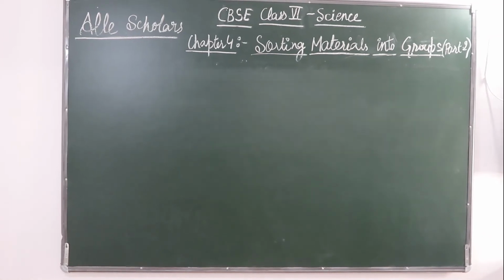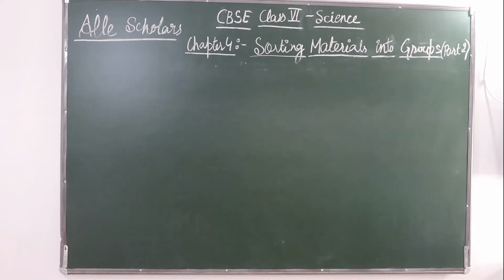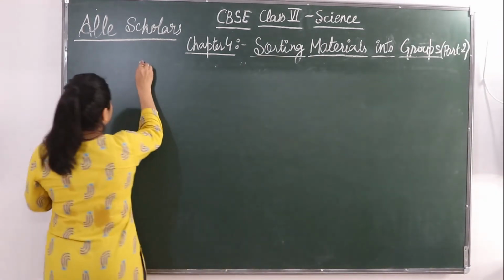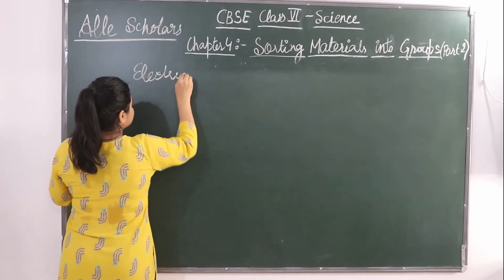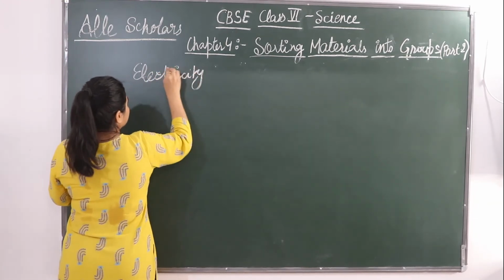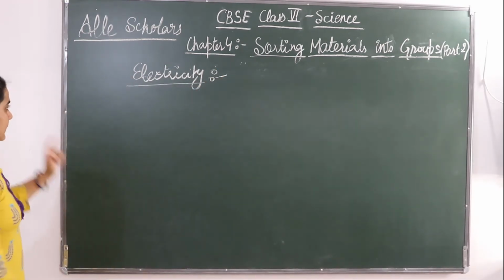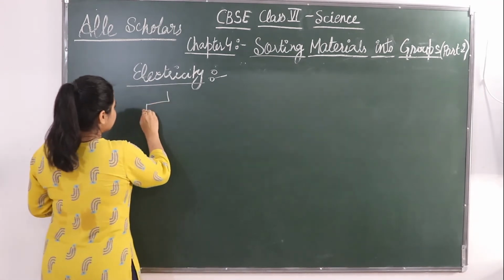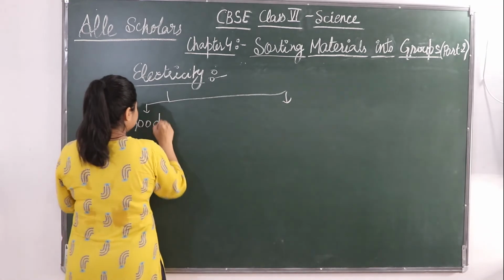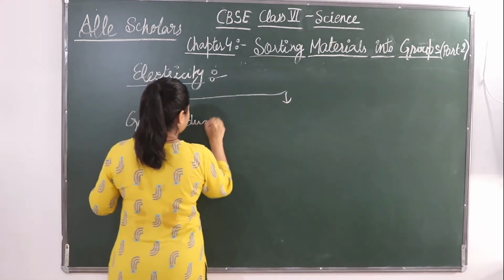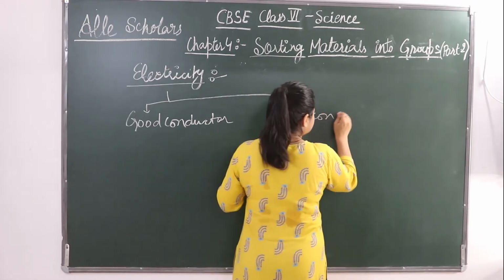So next we will see the properties of material on the basis of electricity. There can be 2 categories. One is the good conductor and the other is a bad conductor.